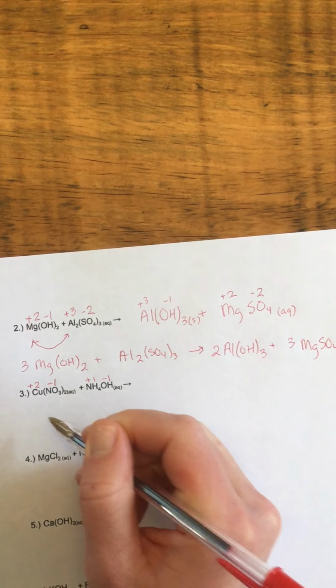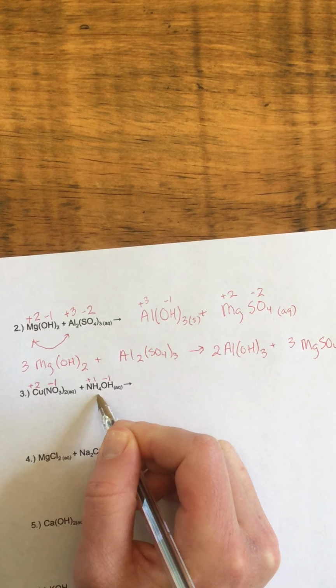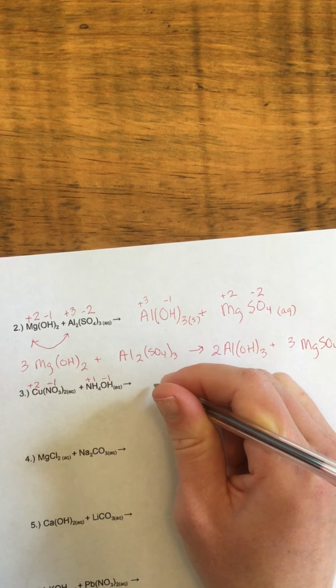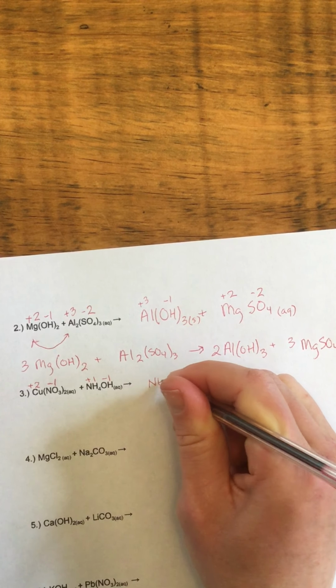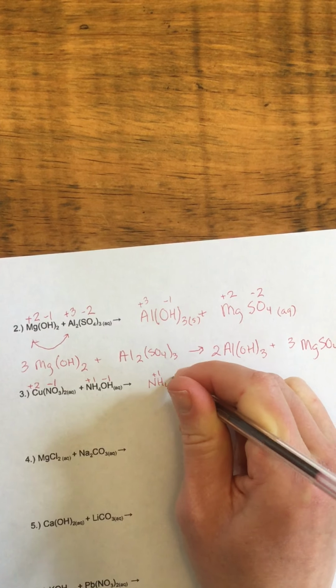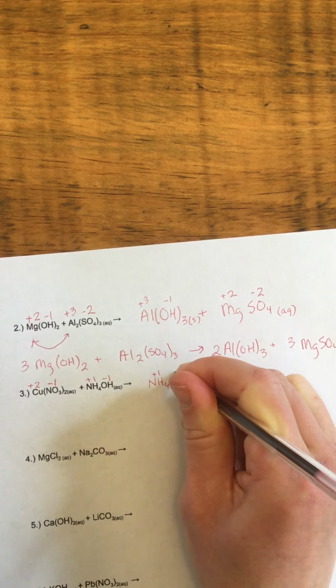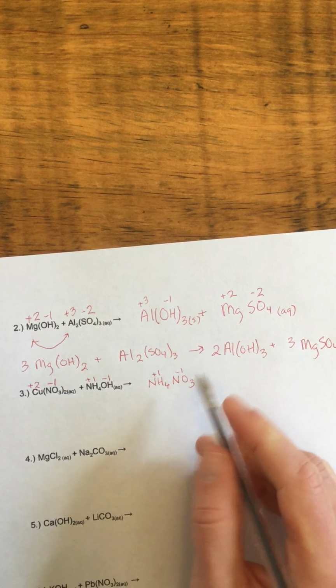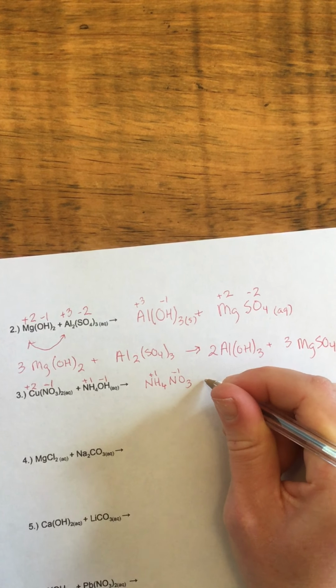So again, we're switching the placement of copper and ammonium, and I'm going to end up with ammonium with nitrate. Here, our +1 and -1 charges balance, so we don't need any subscripts.